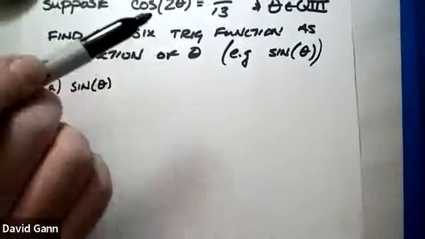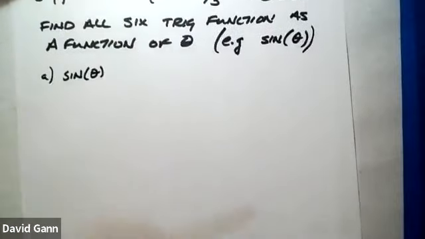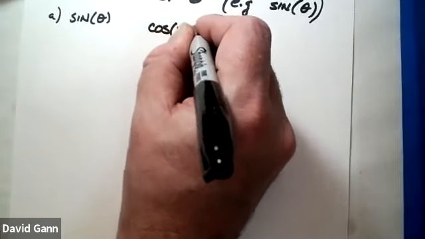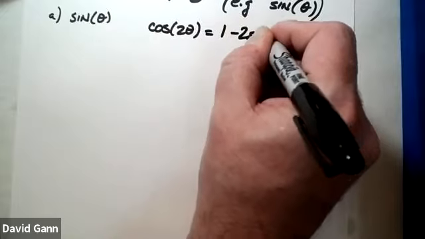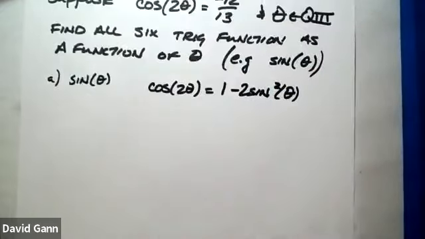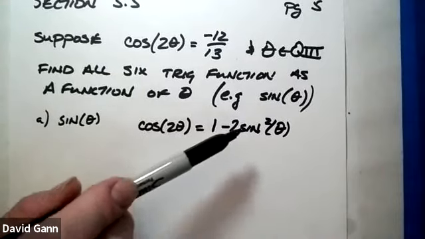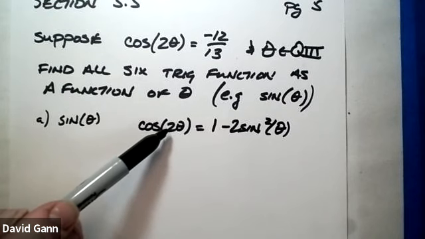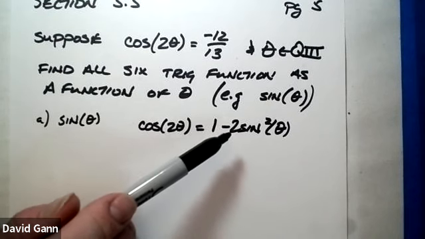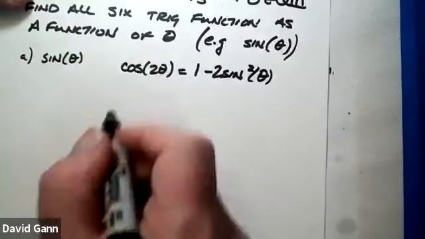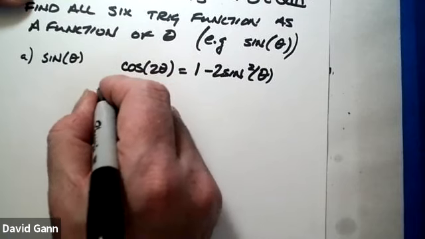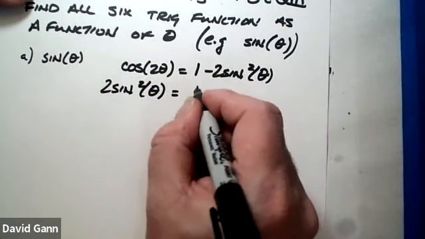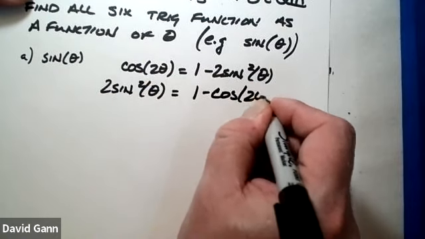Now we have to use something that relates cosine of 2 theta to sine of theta. Fortunately, there is an equation that does that. We have cosine of 2 theta equal to 1 minus 2 sine squared of theta. And here we have an equation between these two functions. Normally we know the sine, and we're trying to find the cosine of 2 theta. But let's just rearrange this equation so that we're solving for sine. So first off, we're going to get 2 sine squared of theta equal to 1 minus cosine of 2 theta.